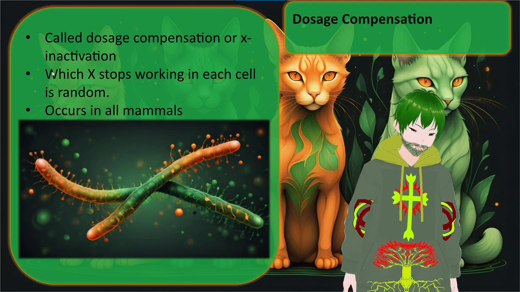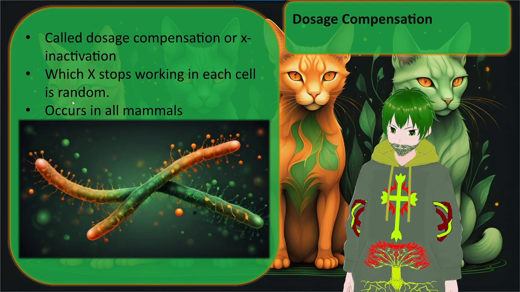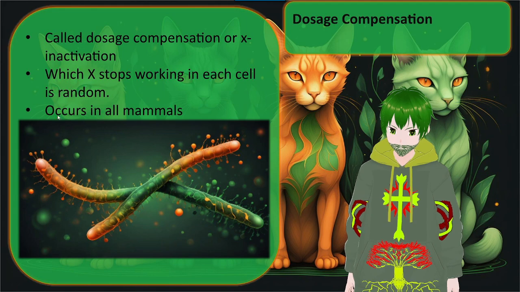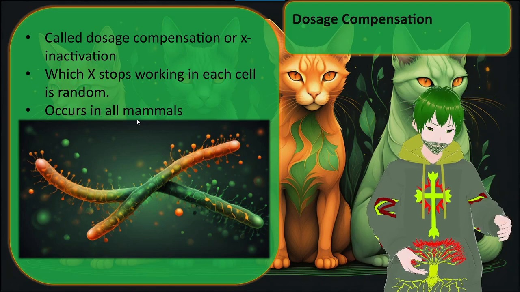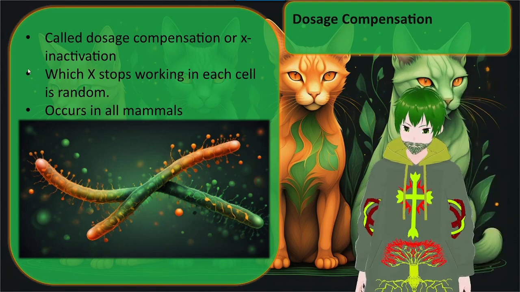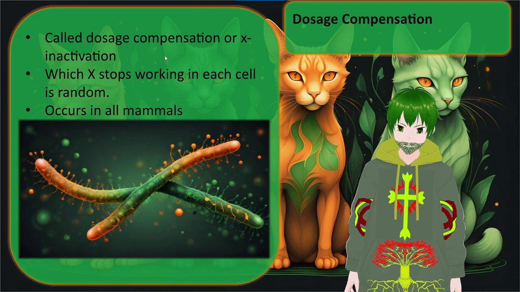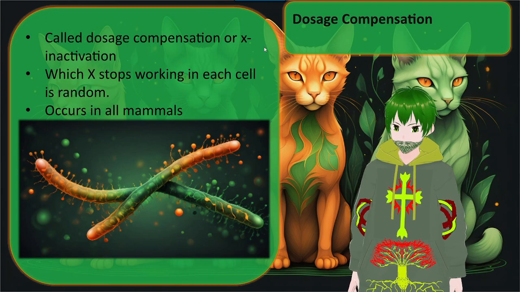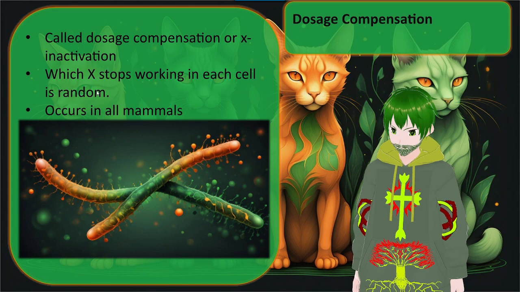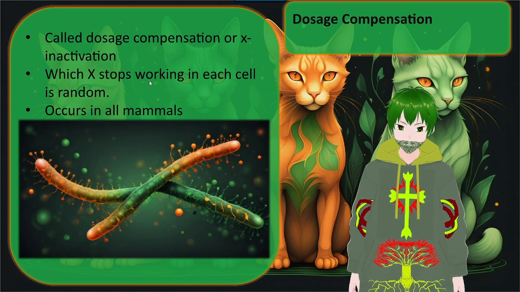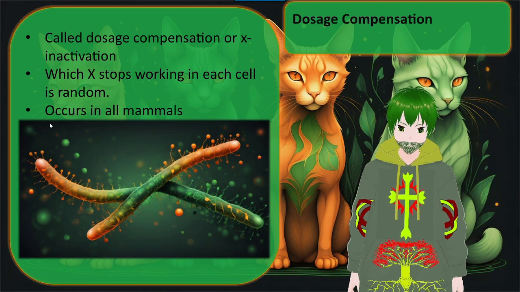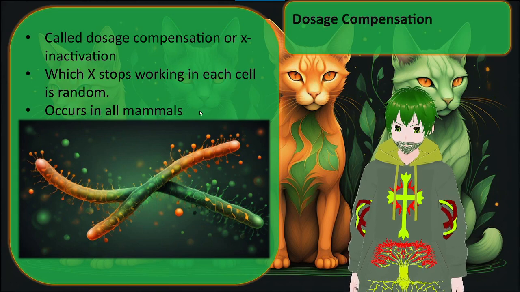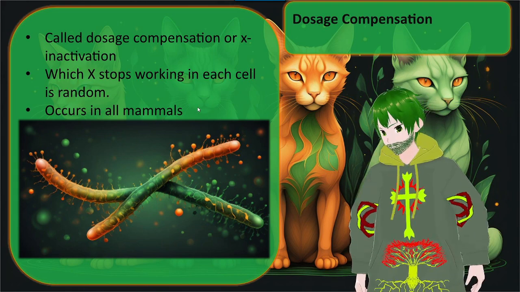And that inactivated chromosome is just the chromosome wrapped around histones very, very tightly so that none of those X genes can be expressed. And so this is known as dosage compensation or X inactivation, which results in one of the X chromosomes not being expressed at all, and occurs in all mammals, including us humans.